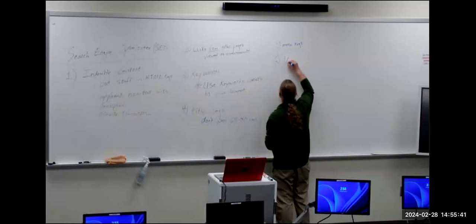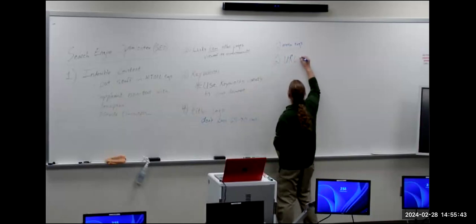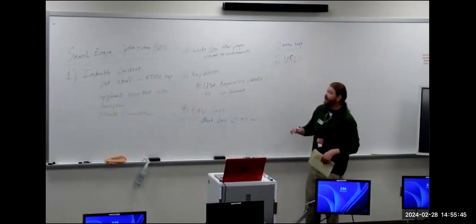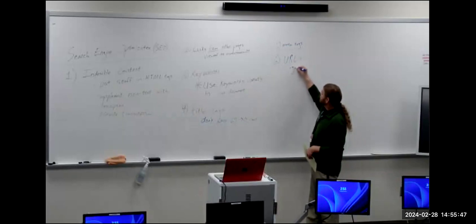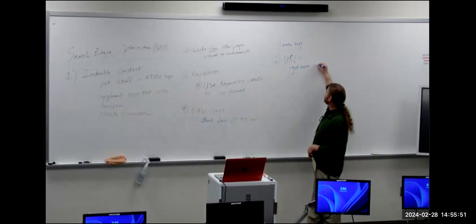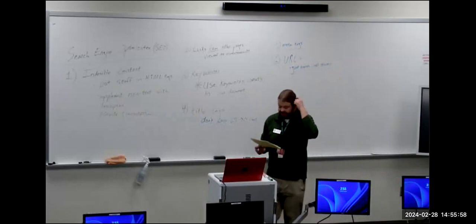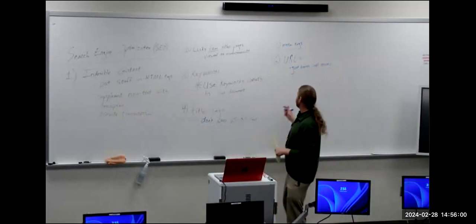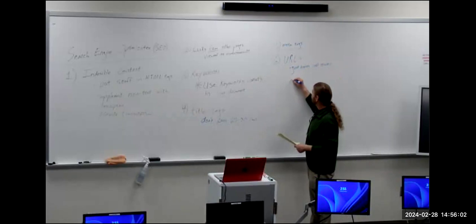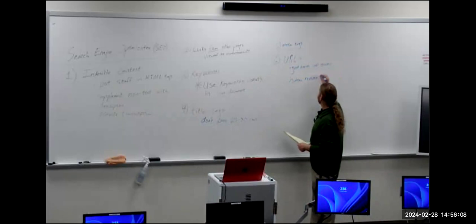URLs are actually important. This one's way down the list because good names cost money, which is a problem. So it doesn't count for as much as a lot of things, but there are some things that it does look for. Human readable is better.